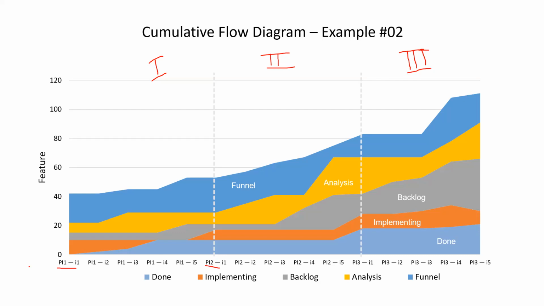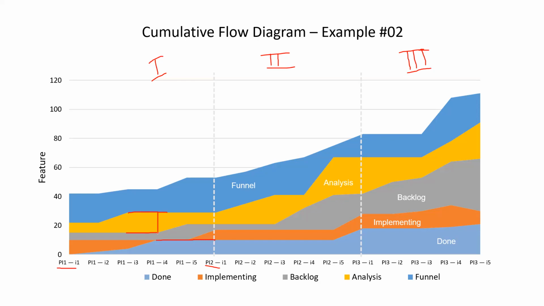Done state had stopped from PI1 I4 till PI2, and the analysis phase is also flat. Is flat from here till here, PI3, till here.